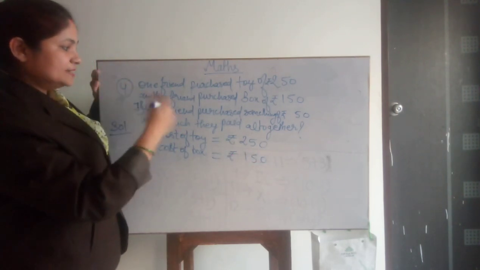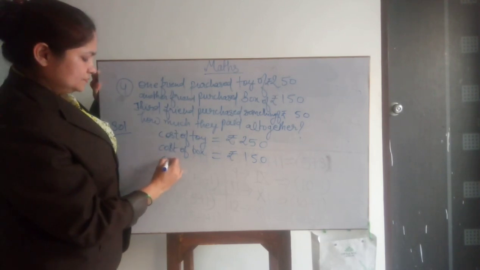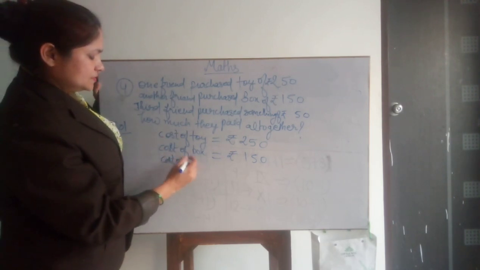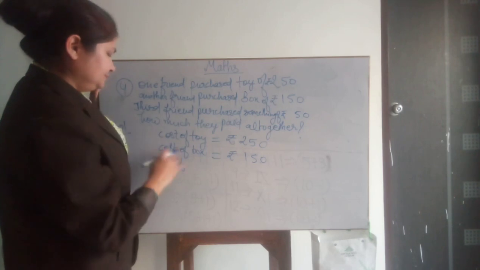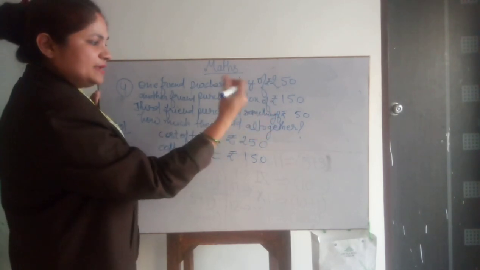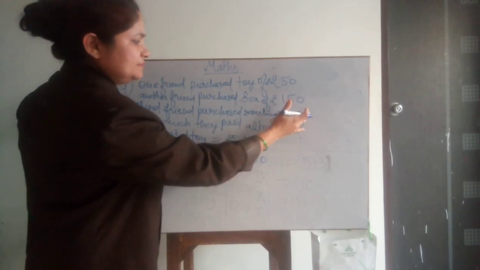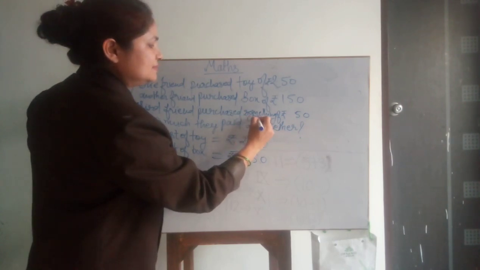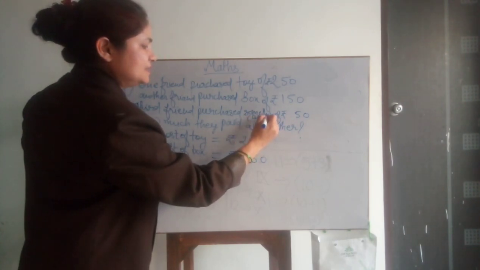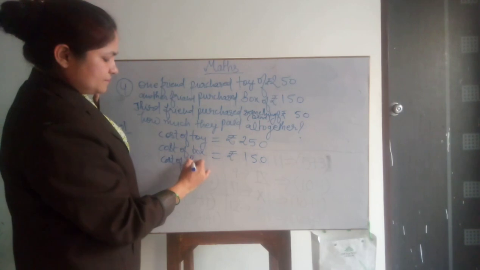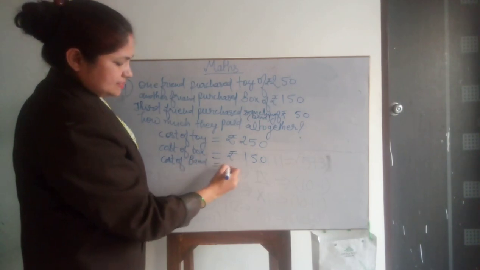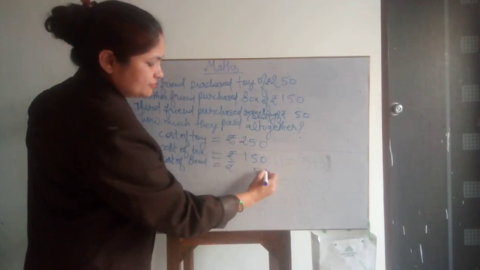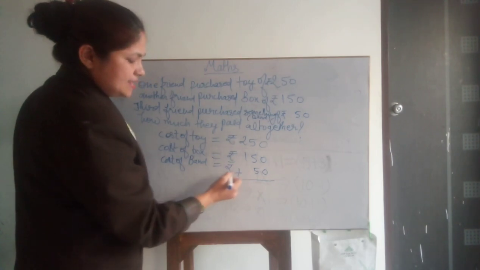Then cost of the thing he purchased, just to say, a band, so cost of band is equal to rupees 50. Now we will add up.